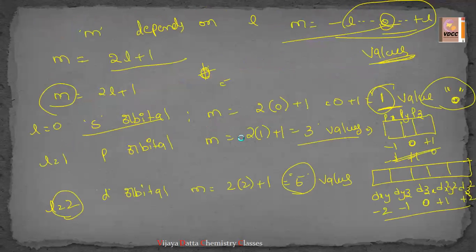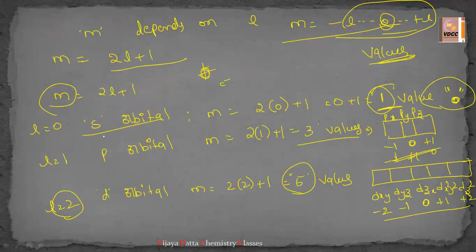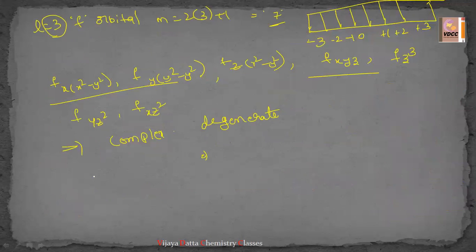And here it has given the shapes also. See, when we come to s orbital, it has only one. So according to this, we came to know that the s orbital shape is spherical. That's why it is unidirectional, and it has only one value, that value is 0. It has two electrons.